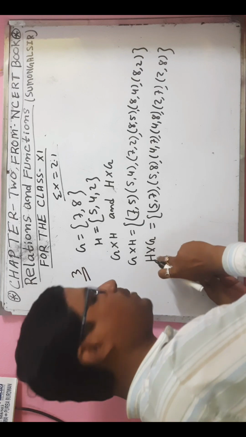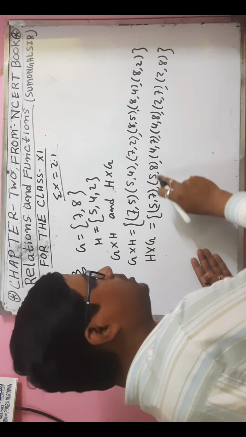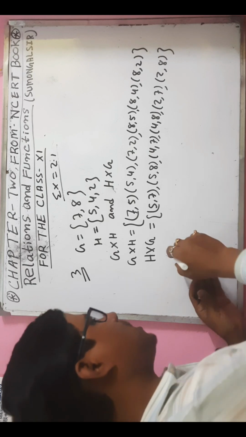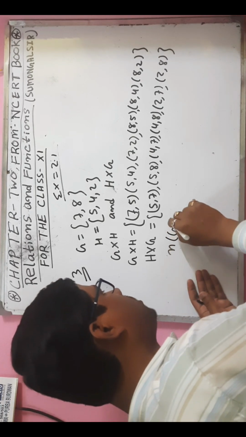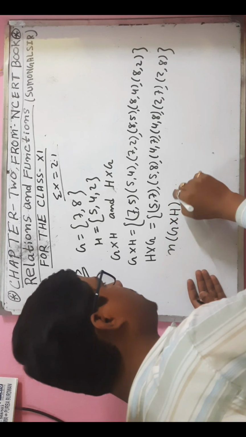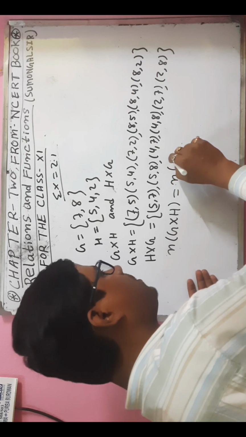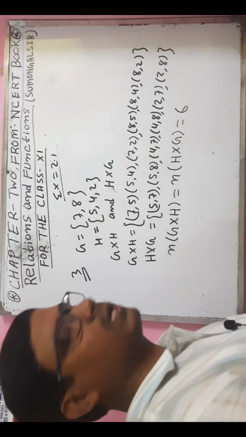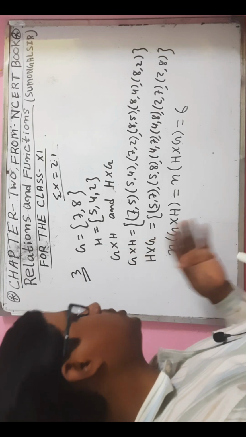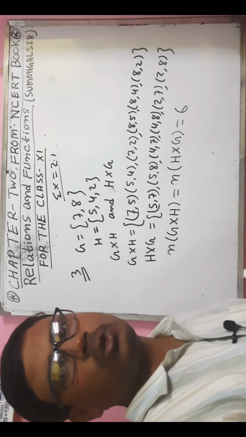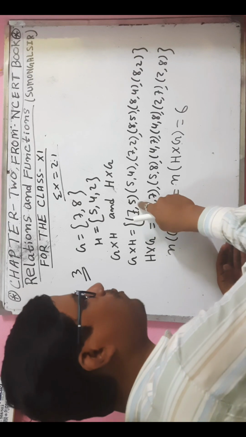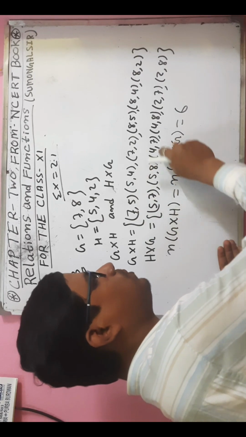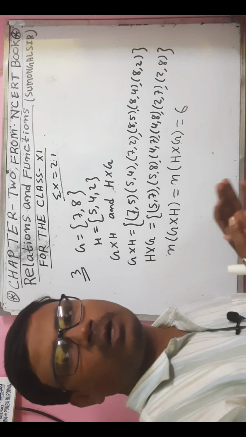The number of elements of H cross G is 1, 2, 3, 4, 5, 6. That is, the cardinality of G cross H is equal to the cardinality of H cross G, that is 6. But these two sets are not equal, because (7,5) is not present here and (5,4) is not present here. So this is the completion of the third question.